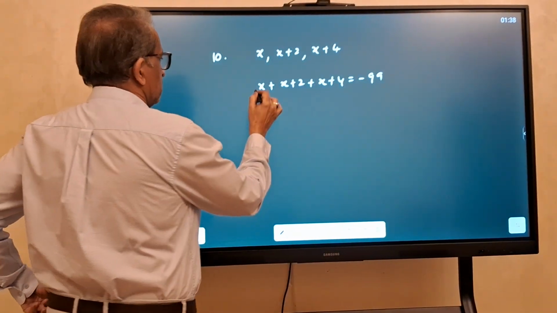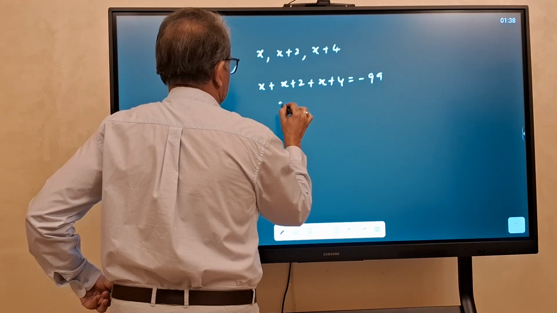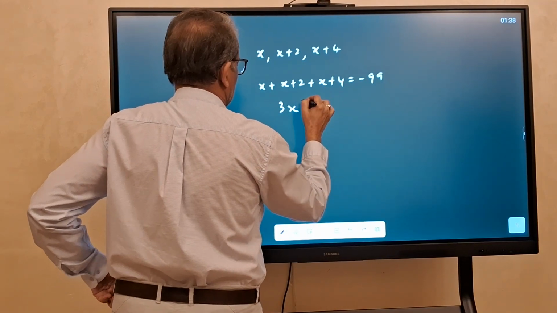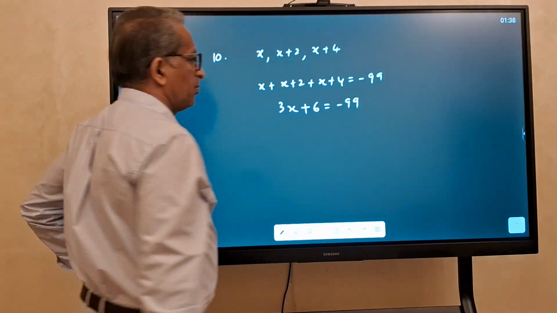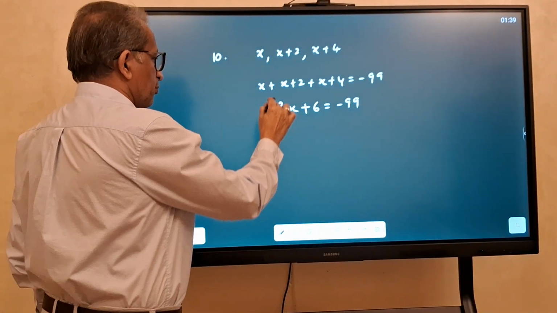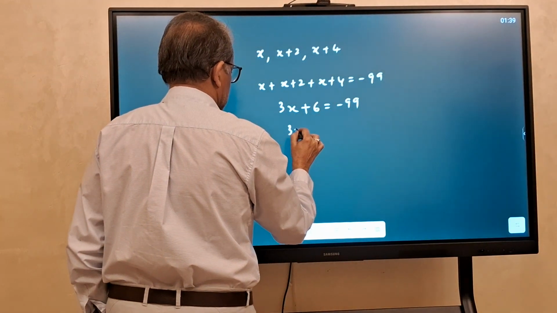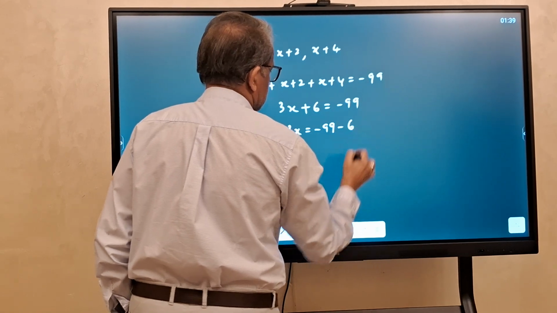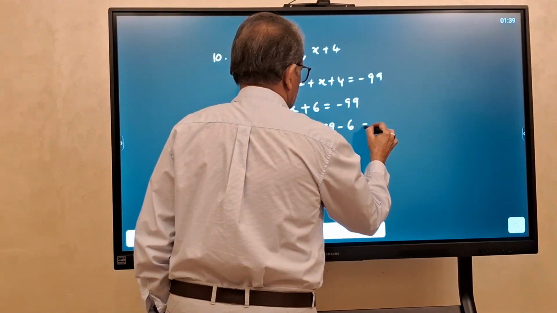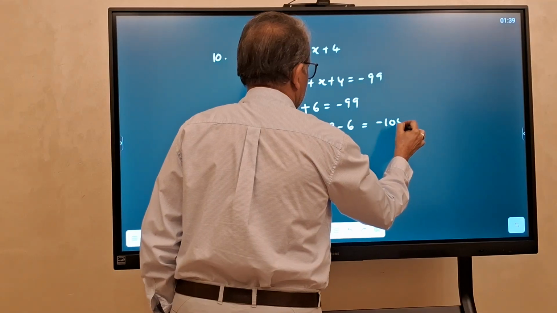Add up: 3x, 4 plus 2 is 6, equal to minus 99. Bring 6 to the right side. So 3x is equal to minus 99 minus 6, so minus 105.